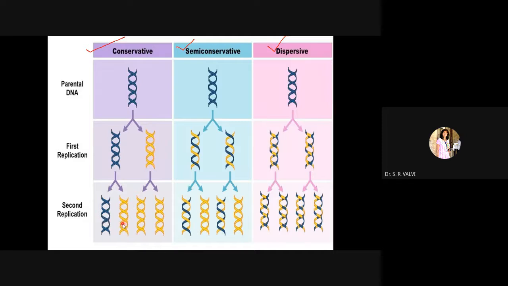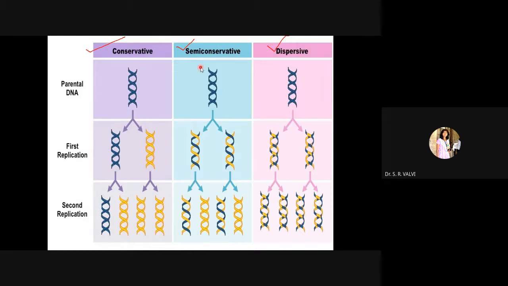And then the newly synthesized DNA molecule is getting formed over here, and again newly synthesized DNA will form two newly synthesized DNA molecules. So do remember, in the case of conservative, the intact DNA acts as the template strand for the synthesis of the new strand, right? And hence we call it the conservative type of replication.